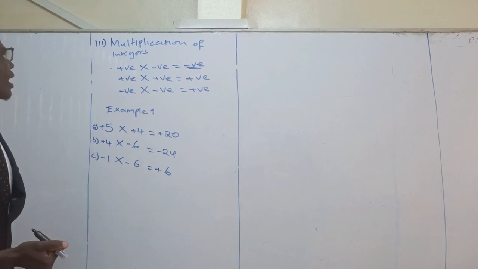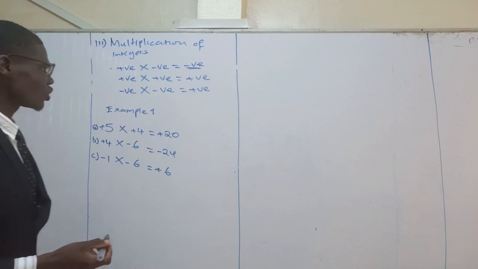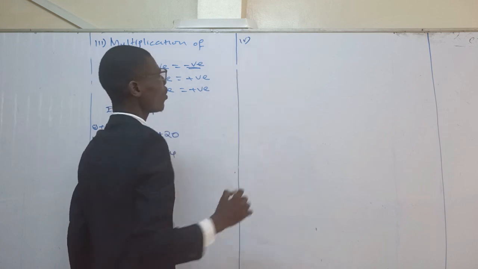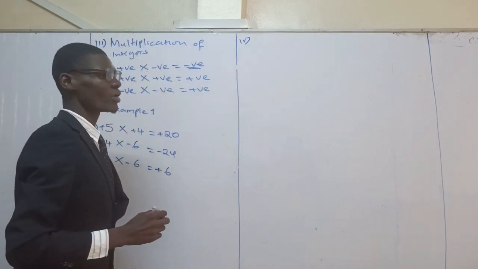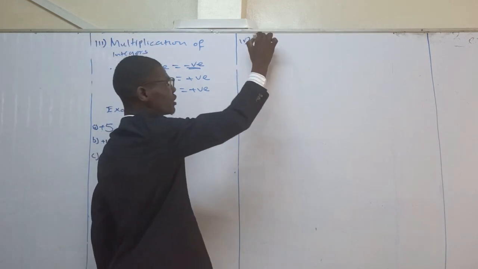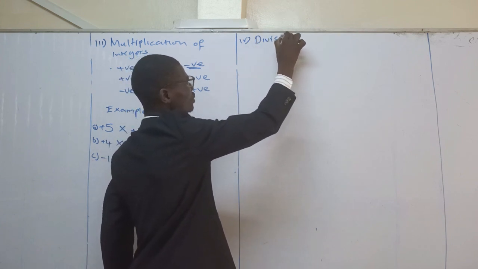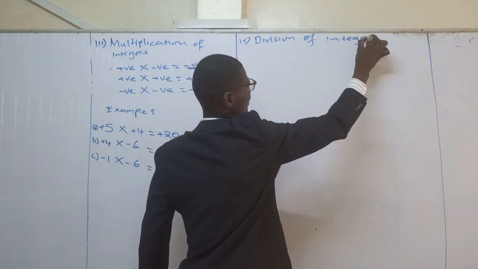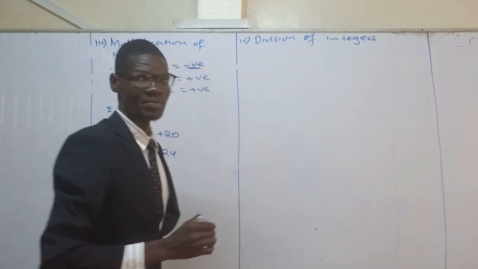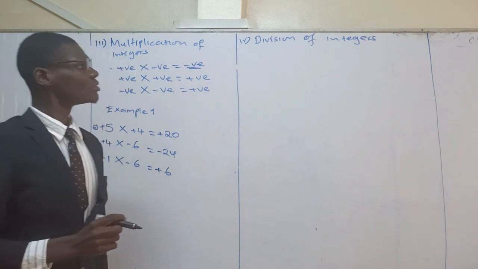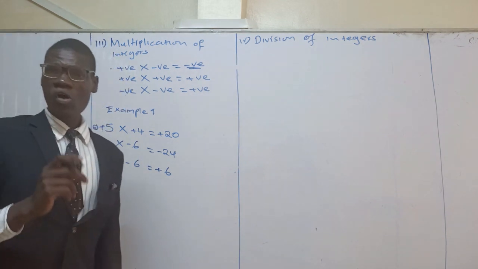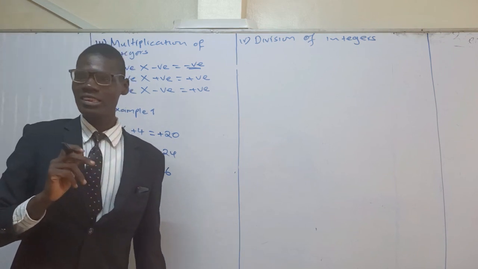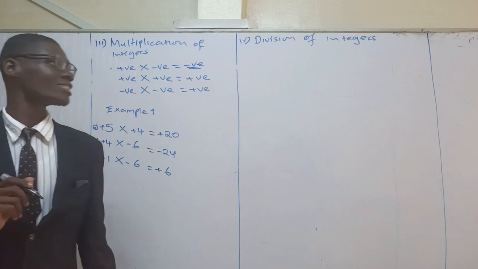Now I want us to discuss division of integers. So number 4 on operations on integers is division of integers. Also on division of integers, we have 3 or 4 things we have to understand.